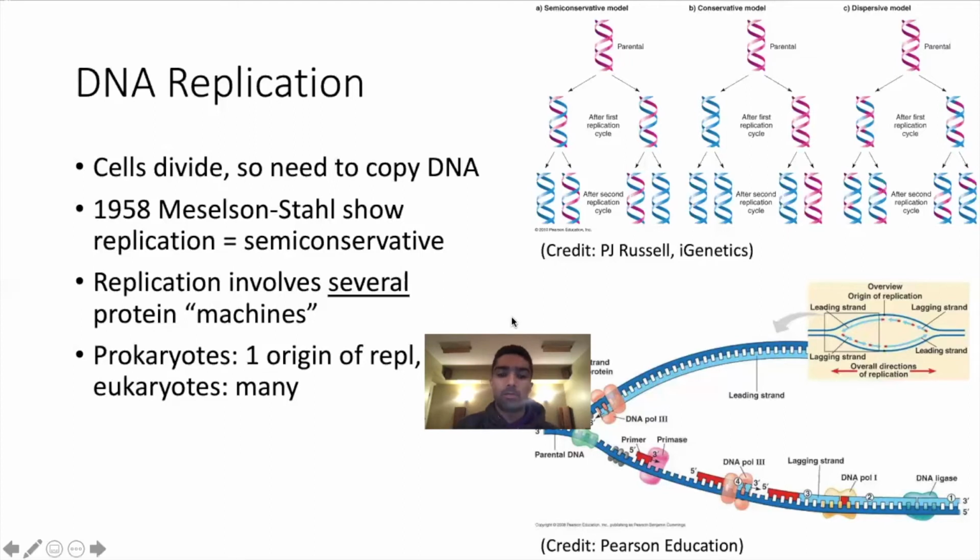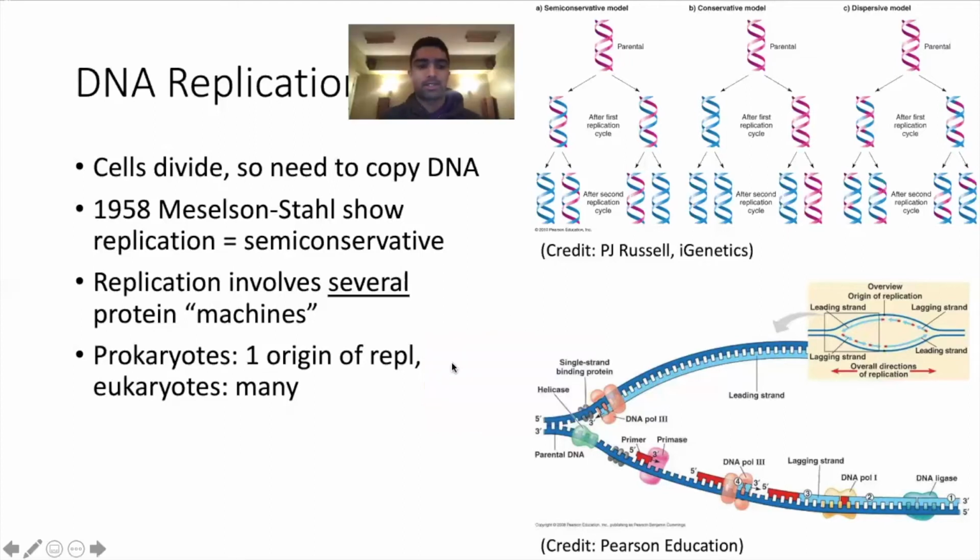Replication involves several protein machines, is what I like to think of them as, because it really does work as a complicated system of machines and very intricate parts. You can see it on the bottom right-hand side, DNA replication.